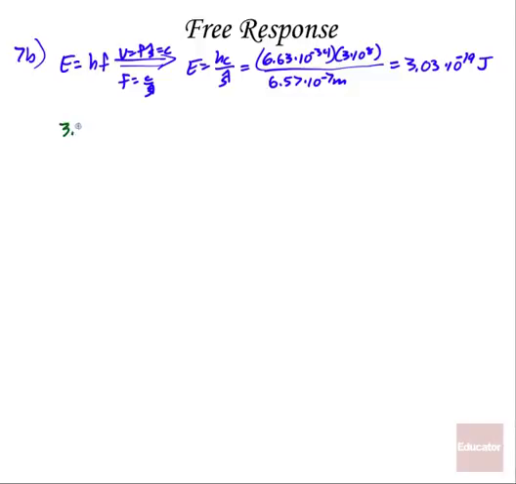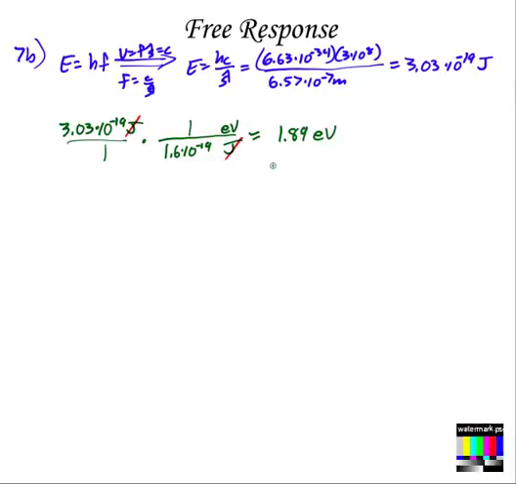We know 1 eV is 1.6 times 10 to the minus 19 joules. My joules will cancel out, and I'm left with about 1.89 electron volts.